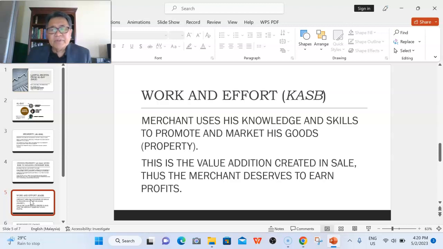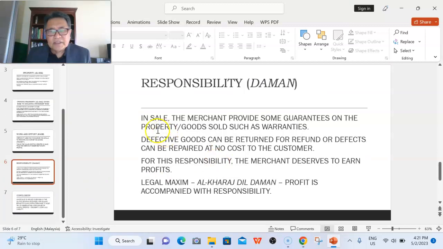But at the same time, we know that the merchant faces price risk and ownership risk, despite work and effort to promote. The risk-taking is still a very important determinant to contend with. So work and effort is the second important contributing factor to lawful profit.